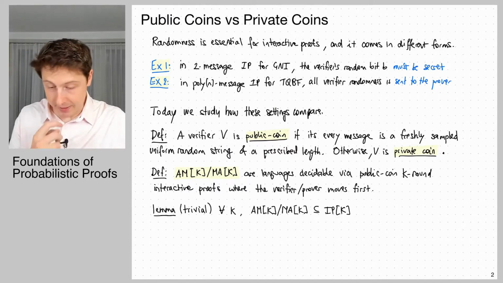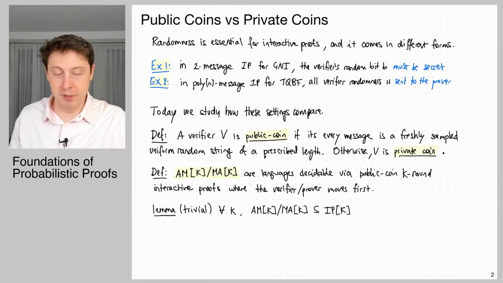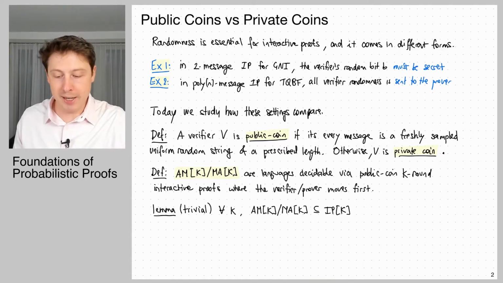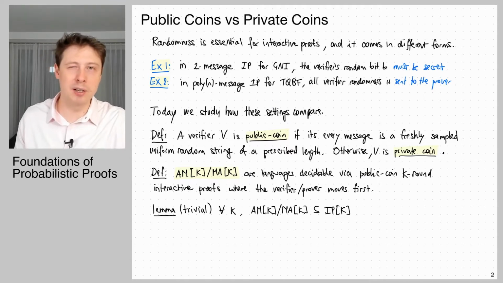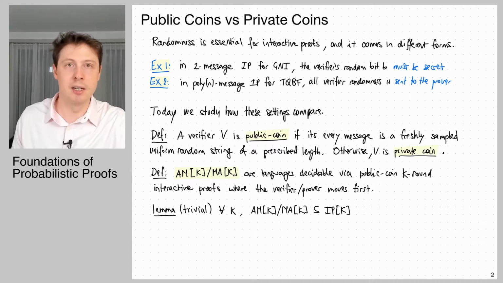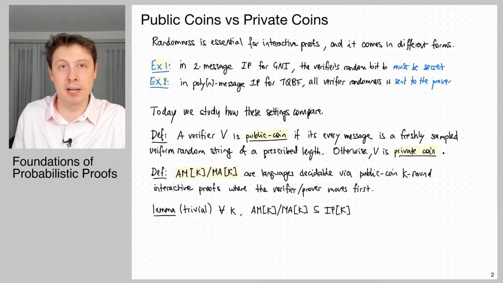So it is pretty clear that if you give me some round complexity function k, AM or MA of k are just subsets of IP of k. Okay, and also in IP we weren't really interested in who starts first. Why? Because interactive proofs can be either public coin or private coin. In particular, they can be public coin.